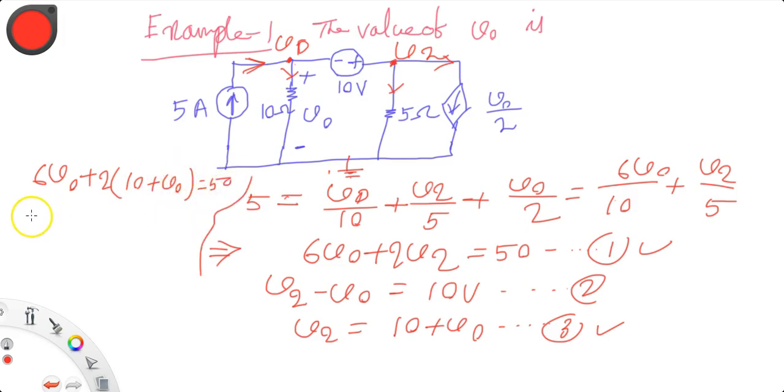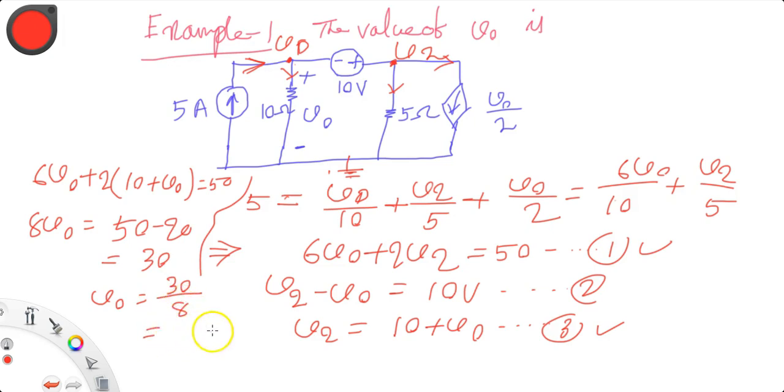So 8 V0 is equal to 30, so V0 is equal to 30 upon 8, that is 3.75 volt.